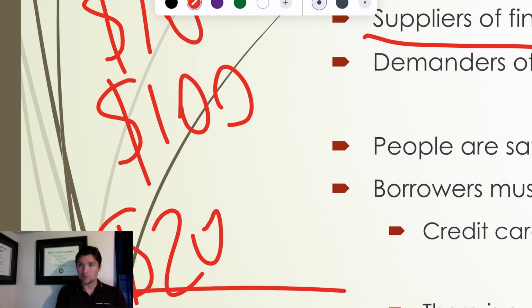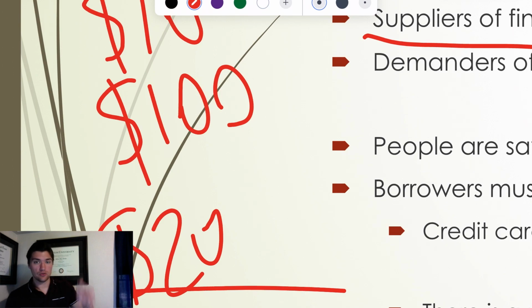Where am I getting this money from every time I use the credit card? Well, I'm getting this money from the credit company. So the company is paying for this stuff for me. Okay? So if I'm using it, I'm borrowing their money. Okay? So what does that mean? That means I owe them money.